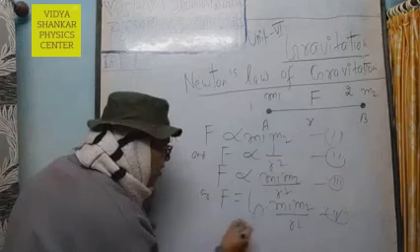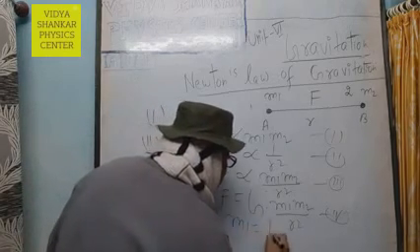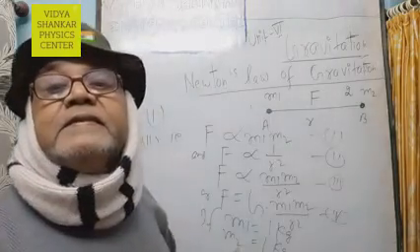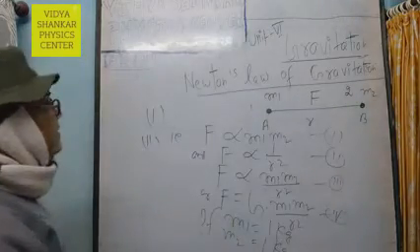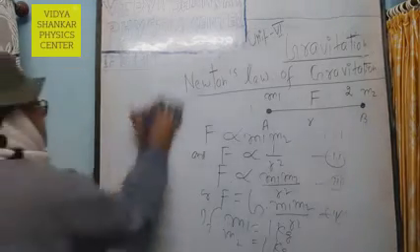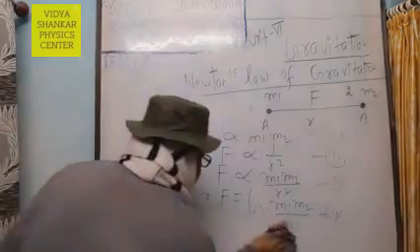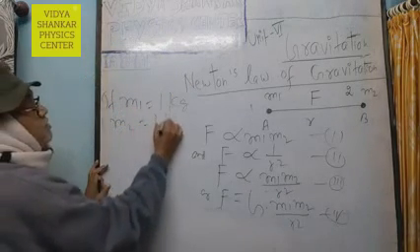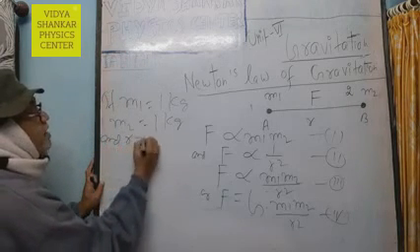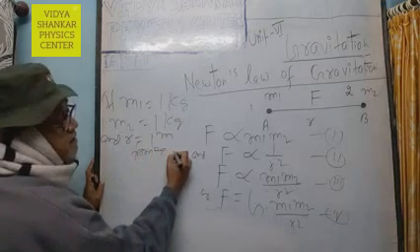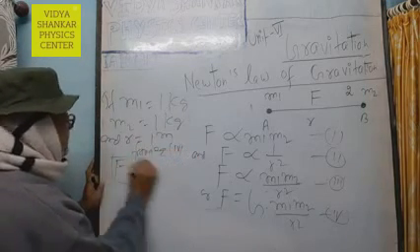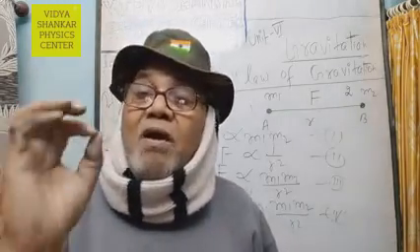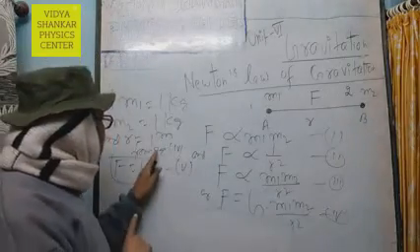Now, the definition of the capital G. If M1 equals 1 kg, M2 equals 1 kg, and distance between them R is 1 meter, from equation 4, F equals capital G. Now the definition of the gravitational constant: gravitational constant is the force of attraction between two particles of unit masses separated by unit distance, 1 meter.